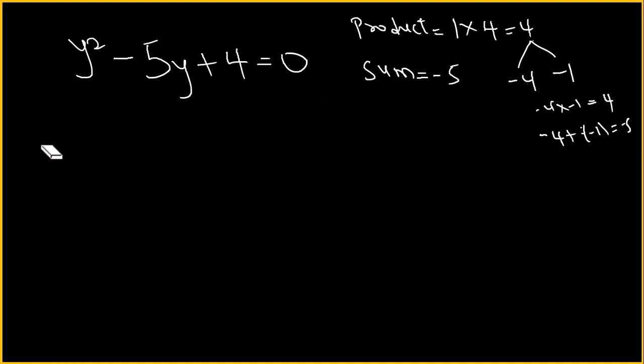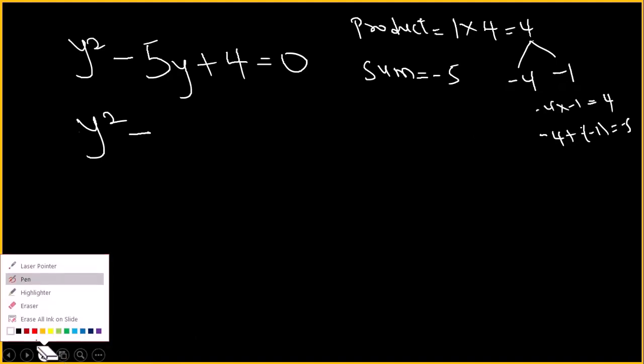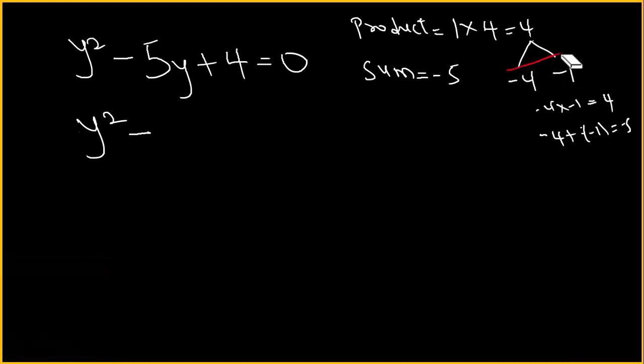Now we have y squared minus 5y, and with the sum, which is negative 5y, we are going to replace it with the summation of these two factors, negative y and negative 4y.